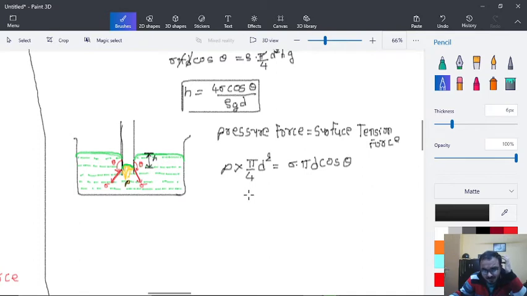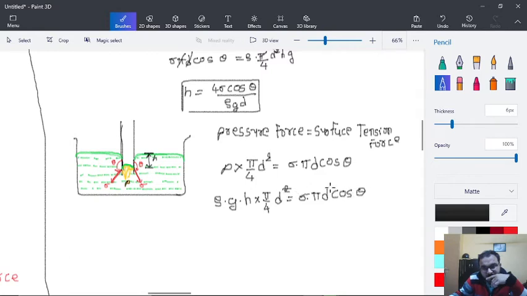Now instead of pressure we can write rho g, and here the height is h, multiplied by pi by 4 d square, is equal to sigma into pi d into cos theta.